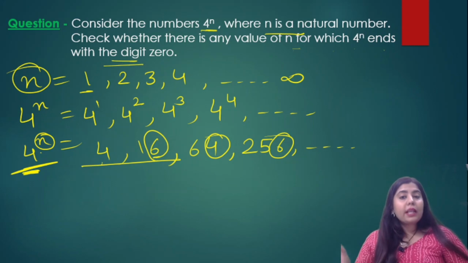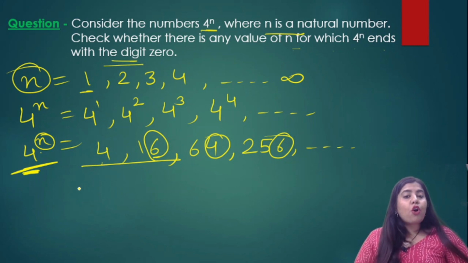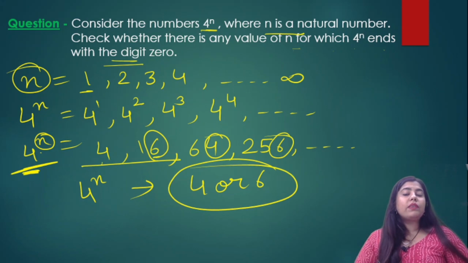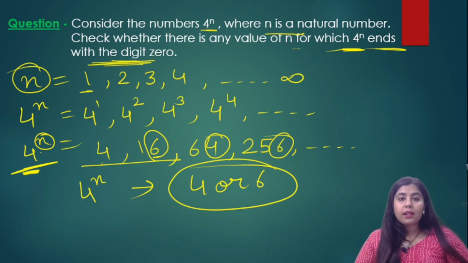It means the values of 4 raised to the power n for any natural number end with either 4 or 6. It means there is no value of 4 raised to the power n which ends with digit 0. You got to know this?